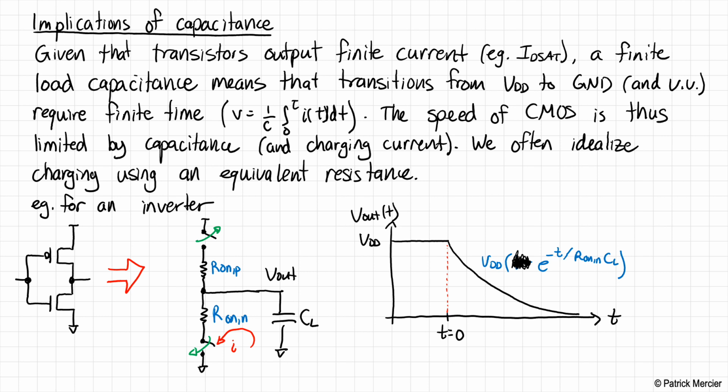Now again, we could have modeled our transistor as a current source. That's also a valid model. In reality, that current source also changes as the voltages across the transistor change and as the region of operation of that transistor changes. But this is, I think, a reasonably simple model that we are going to use throughout the rest of this course.